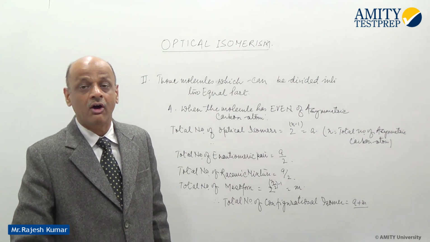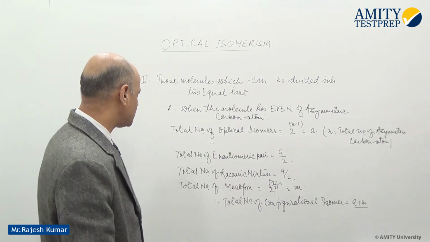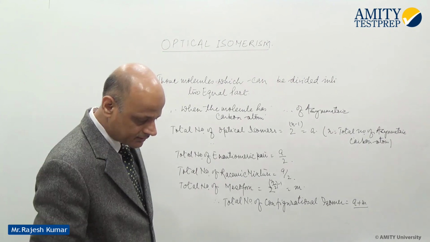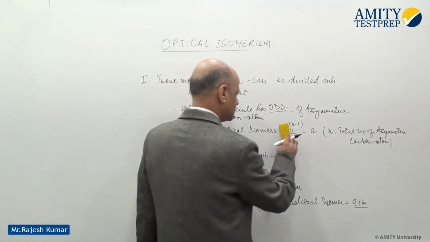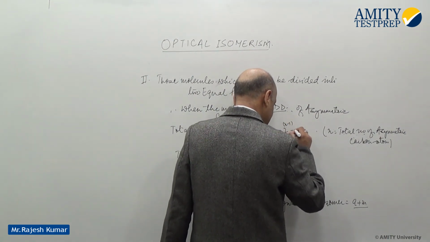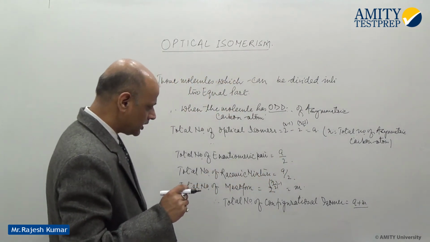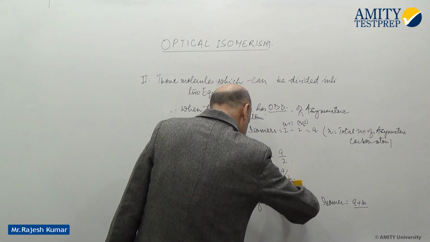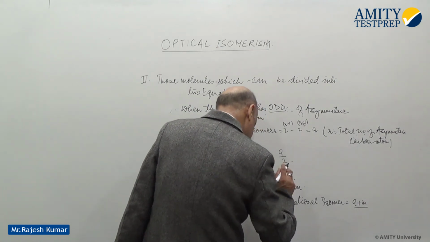Again, another condition, when the molecule has an odd number of asymmetric carbon atoms and the molecule can be divided into two equal halves, then the total number of optical isomers is equal to 2 raised to the power n minus 1, minus 2 raised to the power n minus 1 by 2, which is equal to a, and again the total number of mesoform has been changed, that is equivalent to 2 raised to the power n minus 1 by 2, which is equal to m.